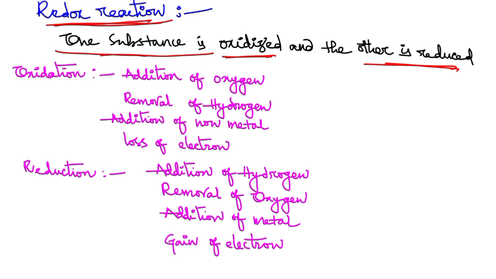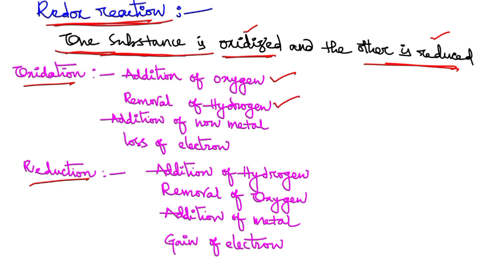Redox reaction. In this reaction, when two substances are undergoing a chemical reaction, one substance is oxidized and the other is reduced. What is oxidation and what is reduction? The simple definition of oxidation is addition of oxygen or removal of hydrogen.